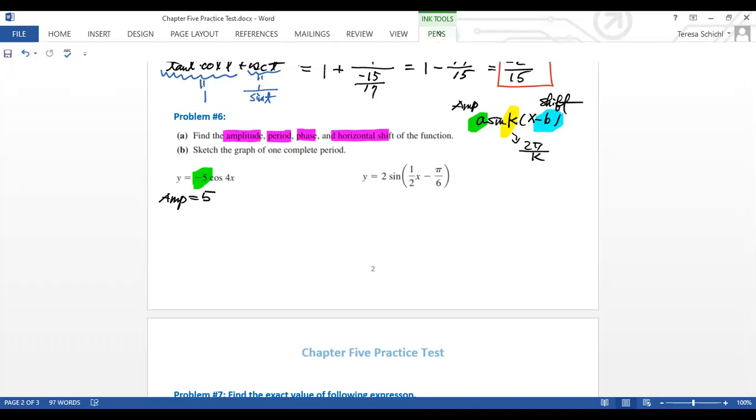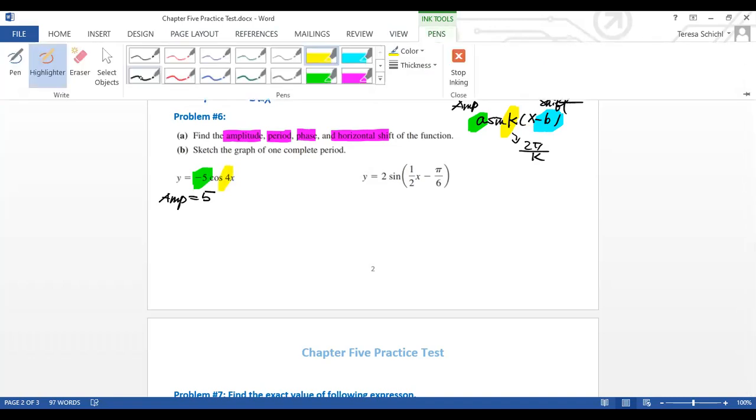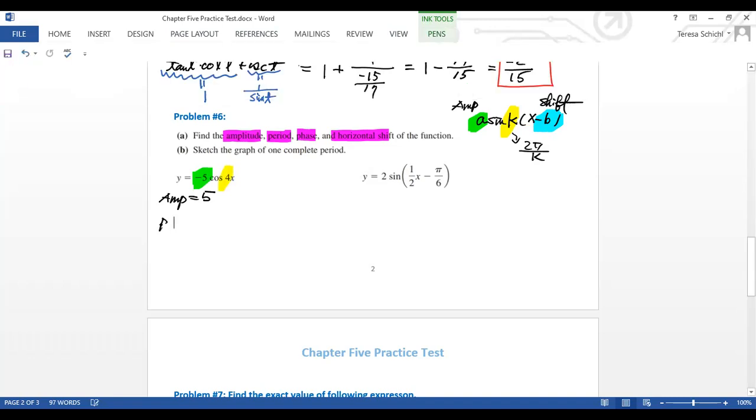The next thing here is 4. That means the period is going to be 2 pi over 4, so the period is pi over 2. Do I have any horizontal shift? No horizontal shift.